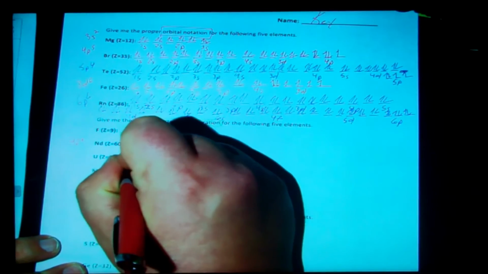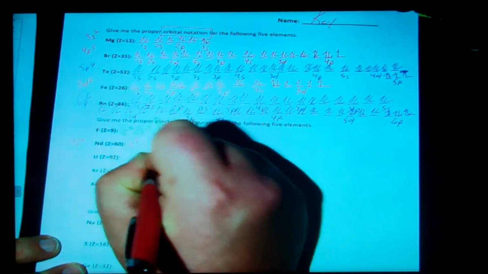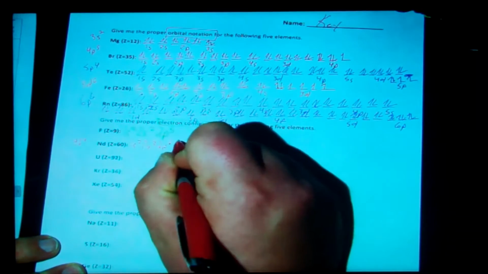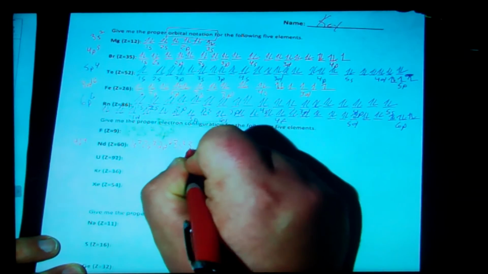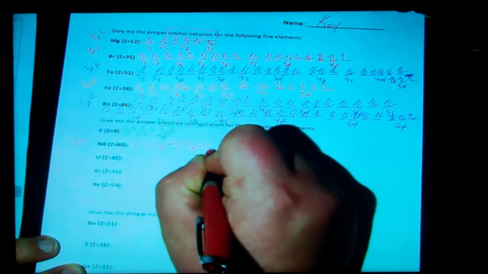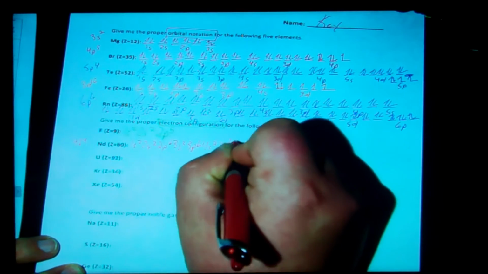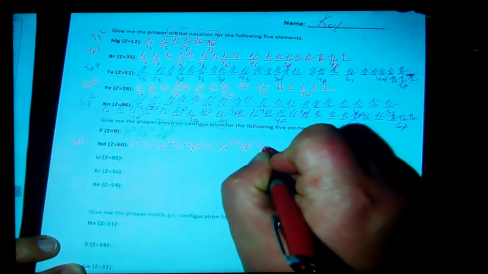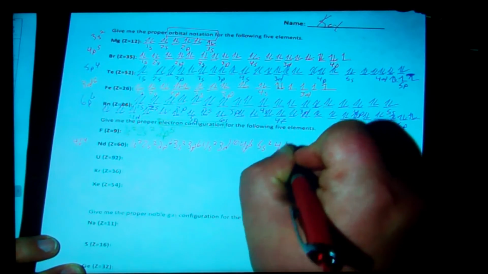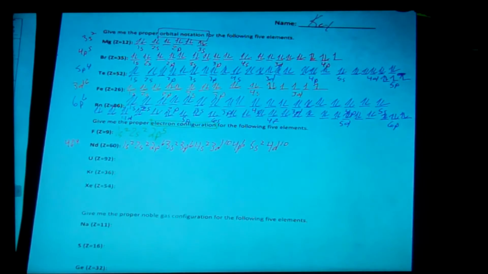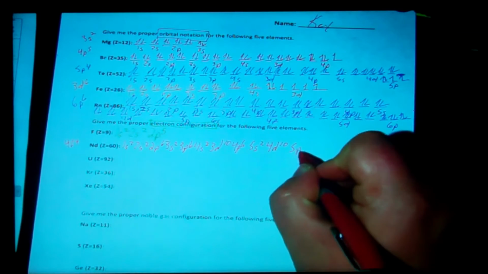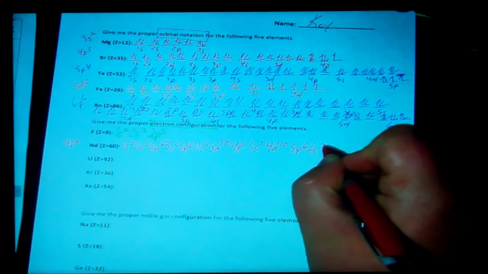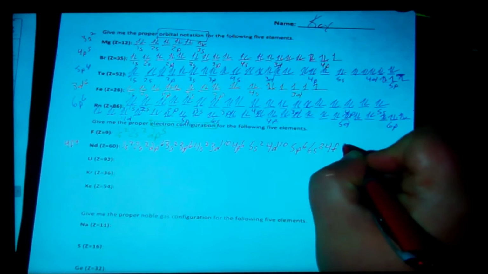So it's 1s2, 2s2, 2p6, 3s2, 3p6, 4s2, 3d10, 4p6, 5s2, 4d10, 5p6, 6s2, 4f4.